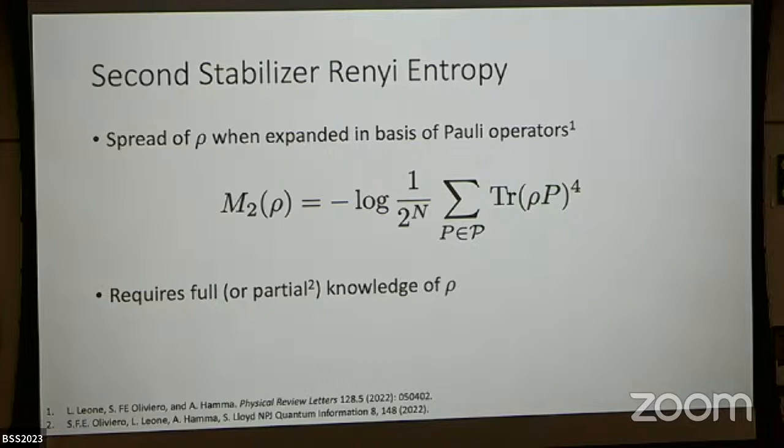Calculating this spread, of course, requires knowledge of rho, so naively this involves full state tomography. It's also been shown that you can do this with a shadow tomography technique and still get enough information to be pretty confident in this measure.